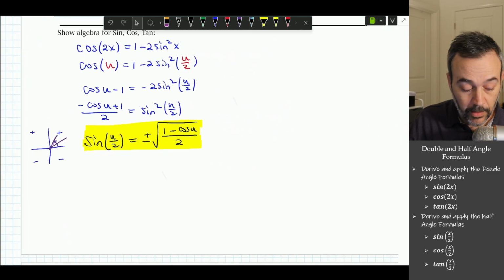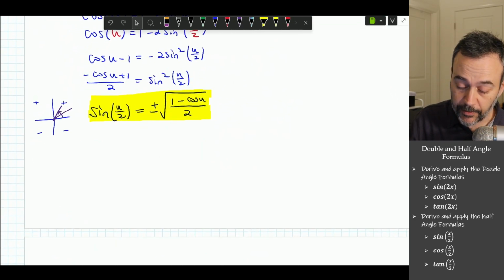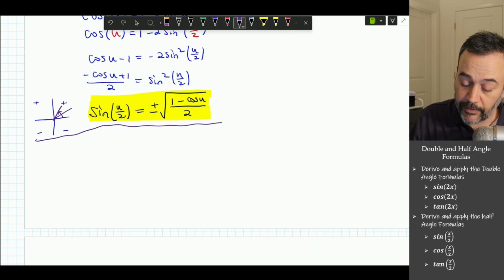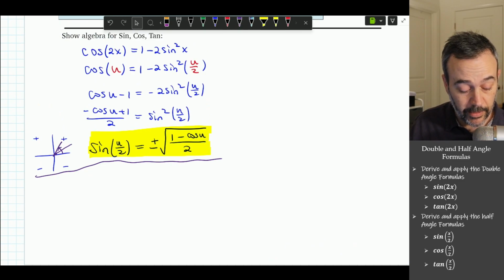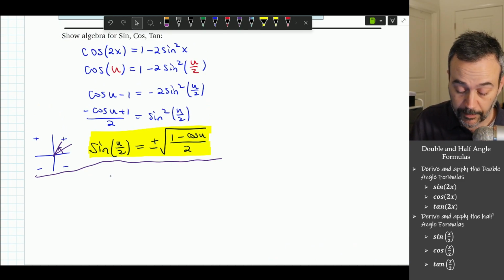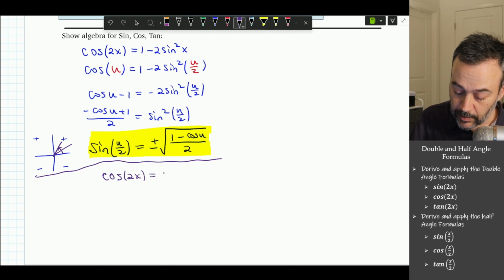You can derive the other two half angle formulas in a very similar way. For the cosine half angle, you use the other cosine double angle formula. So cosine 2x is 2 cosine squared x minus 1, and we do the substitution.